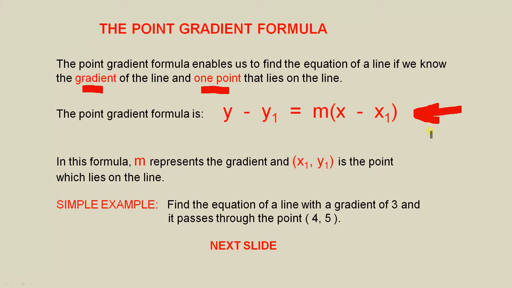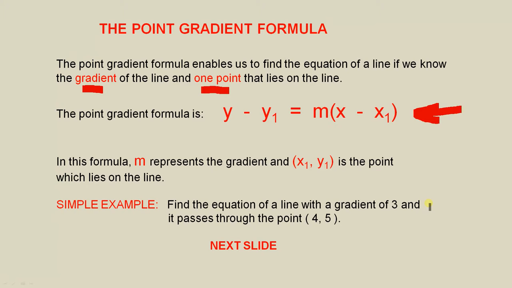This is a very powerful and important formula, and it would be really handy if we could memorize it. In this formula, m represents the gradient and x1, y1 is the point which lies on the line.